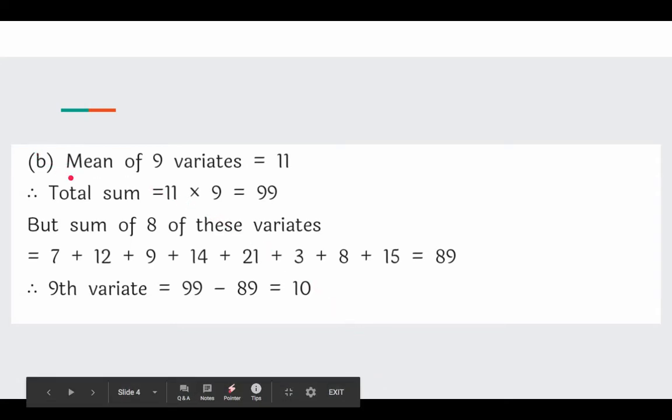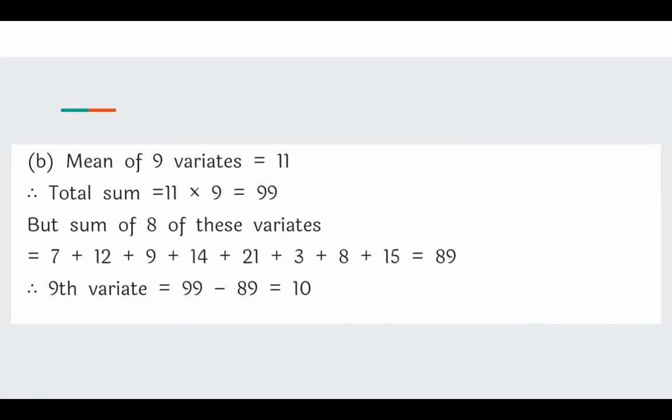Pay attention. The B part says the mean of 9 variates is 11. When the number of observations is 9, what do we get as the mean? 11. 9 variates means 9 observations, and the mean is 11. So what do you think is the sum? The sum will be the number of observations multiplied by the mean.